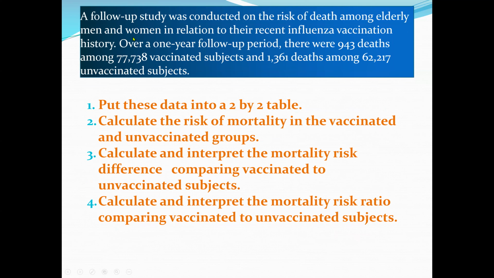We have another question. A follow-up study was conducted on the risk of death among elderly men and women in relation to their recent influenza vaccination history. Over a 1-year follow-up period, there were 243 deaths among 77,738 vaccinated subjects and 1,261 deaths among 62,217 unvaccinated subjects.